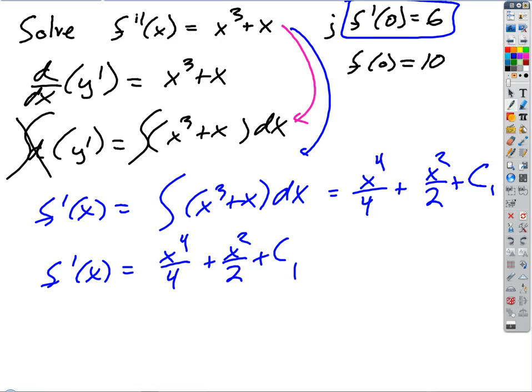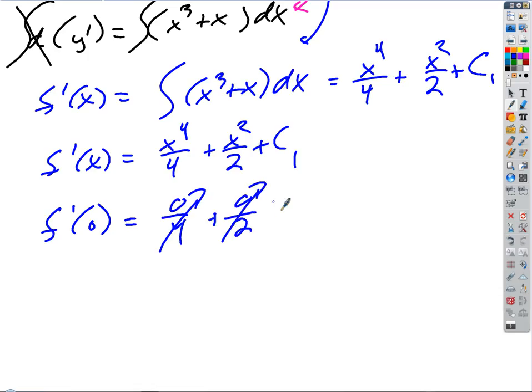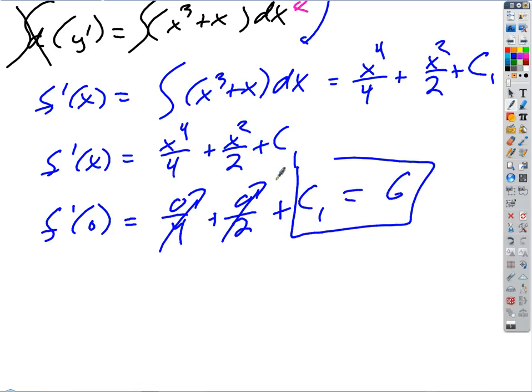So when we plug that in down here, f prime of 0 is going to give us all the x's become zeros, right? So we get 0 over 4 plus 0 over 2 plus c1, and that's equal to 6. So there's c1. Good.